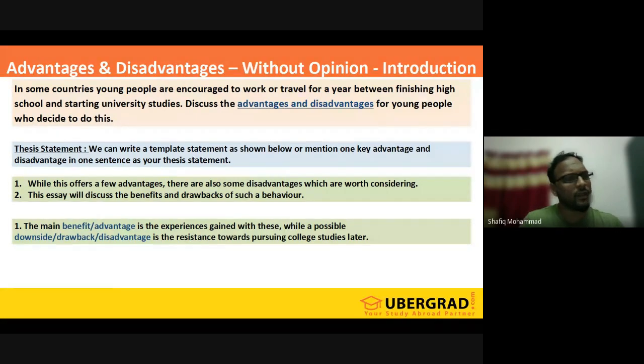Then, yes, let's read Satvik's. Satvik has said, in few nations, youth are motivated to work or travel after finishing their high school before going to the higher education. Okay. There are several pros and cons worth considering. Let us discuss some of them in the coming passages. Very good, Satwik.